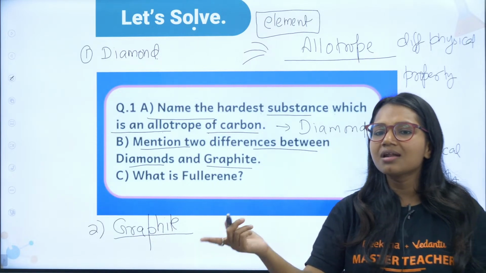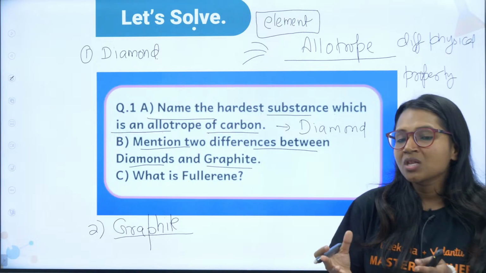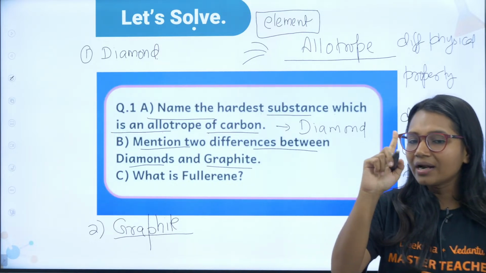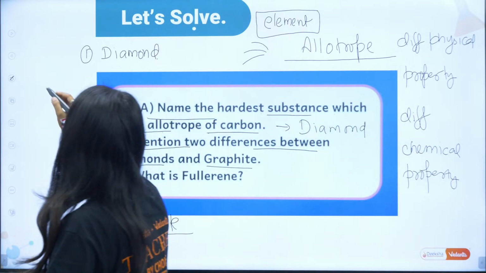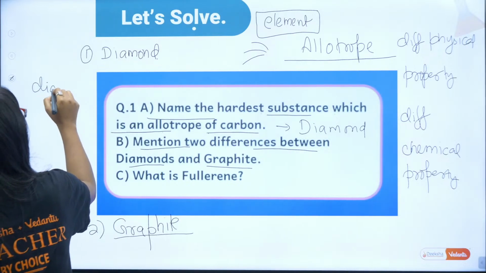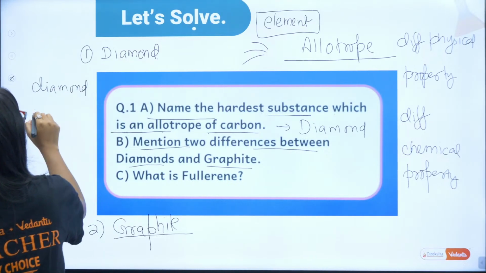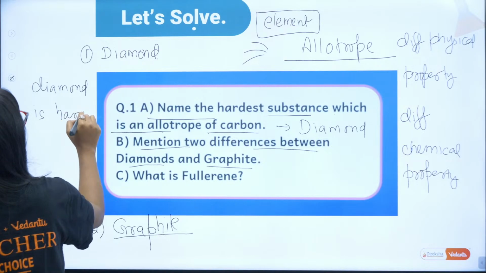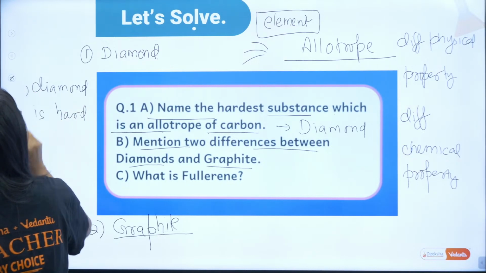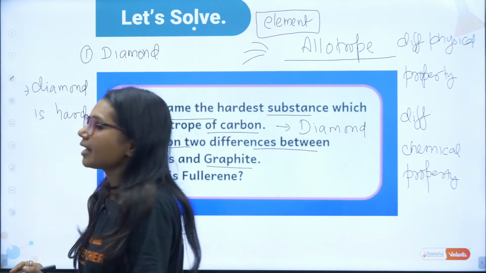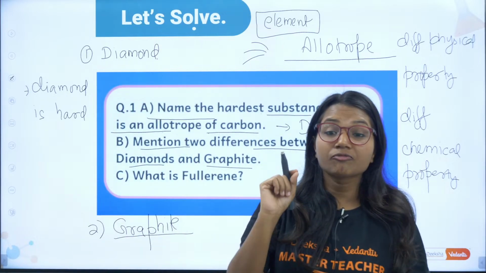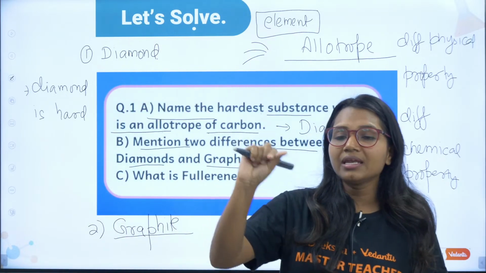Tell me, diamond and graphite, which is harder? Diamond is hard. What do you think about graphite, guys? Graphite is weak. It is slippery in nature.